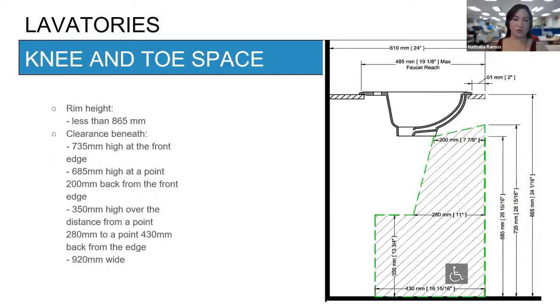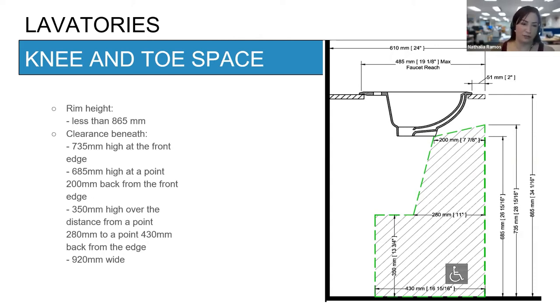Then there is the knee and toe space under the sink. I'm not going to go over each dimension here. For the sake of our understanding, our BIM team has designed this gray rule so that we can easily verify whether a lavatory is compliant or not.